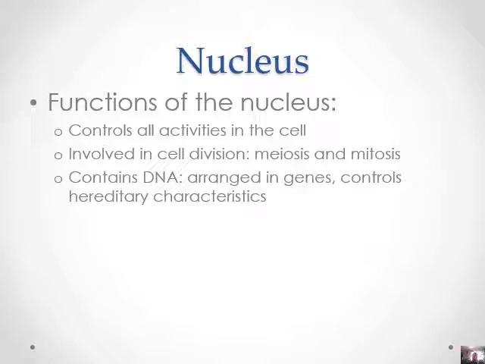Finally, second last, it's involved in cell division, known as meiosis and mitosis. So I'm not going to give you proper definitions for those just yet, but ultimately mitosis is the division of one parent cell into two genetically identical daughter cells. Okay, so you take one, you copy it, you make two clones, and they are absolutely identical.